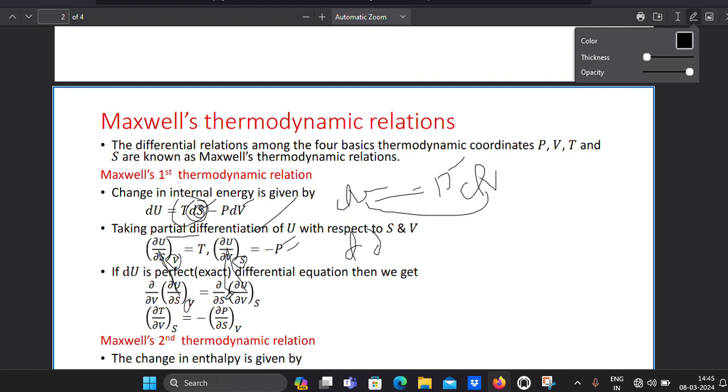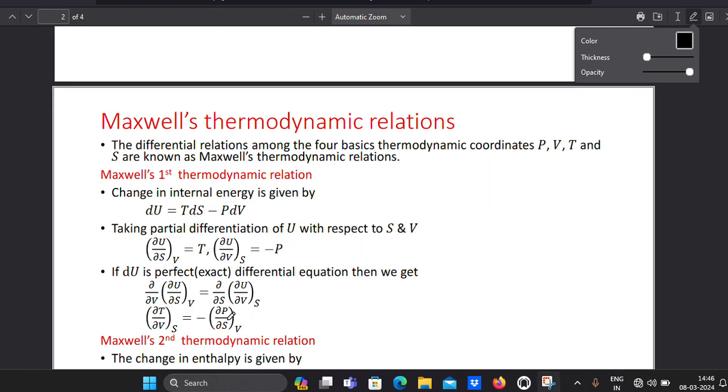So please keep it in mind like this. And you know this value is T. So in the place of this we write T, then dou T by dou V. And we know this value, dou U by dou V at constant S, that is -P. So it becomes -dou P by dou S. So like this we get.